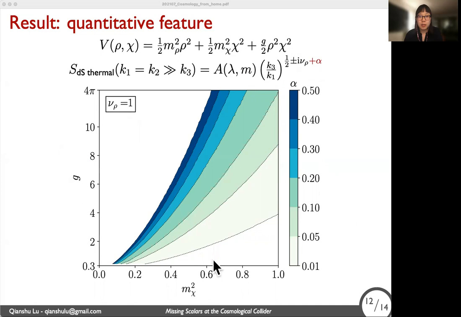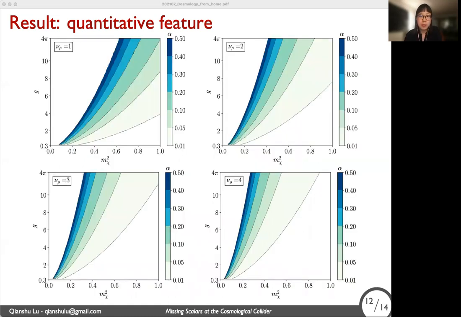So we see that depending on the value of the coupling and m chi squared, we are able to generate an appreciable size for the signal alpha. That's the first observation. Secondly, we see that the signal has a degeneracy in the m chi squared-g plane, which is as expected, since a smaller mass for the chi particle is going to enhance the signal. However, that enhancement can be compensated by a smaller coupling g. So we have a degeneracy in the diagonal direction in this plane.